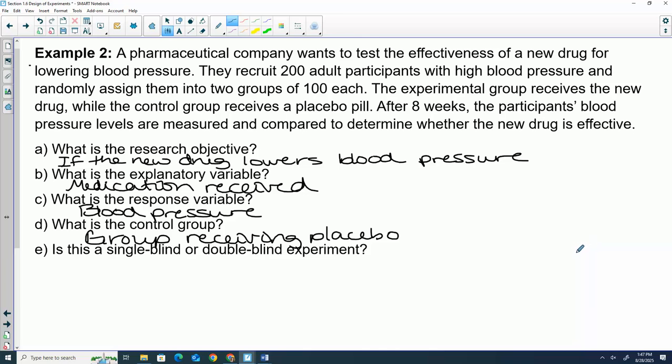Is this single blind or double blind? It didn't specifically say that the researcher doesn't know, so I'm going to assume the company knows which drug they're getting, but the people don't. Do you think they said, here, this isn't really a blood pressure medication, but see if it makes it better? No, they didn't tell them, so it was a single blind here.